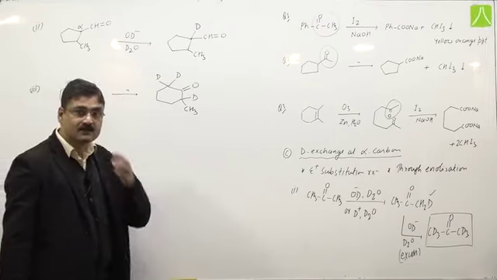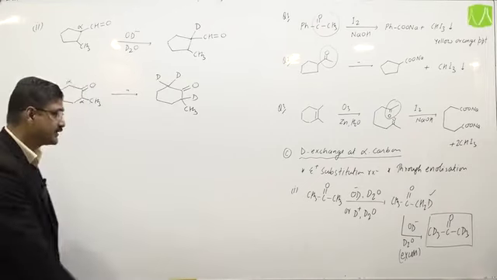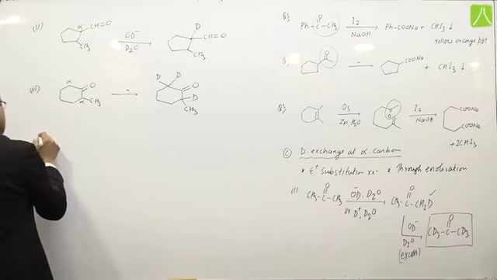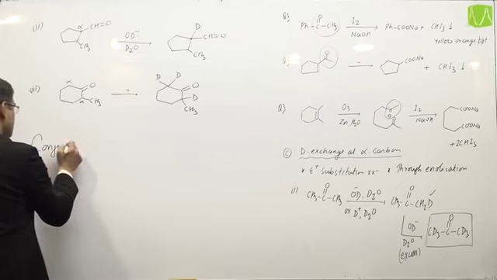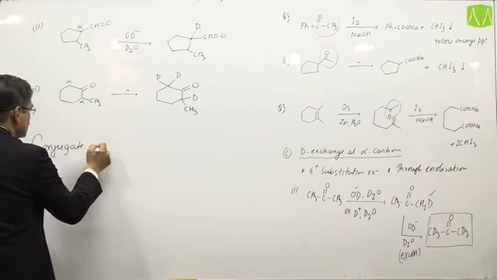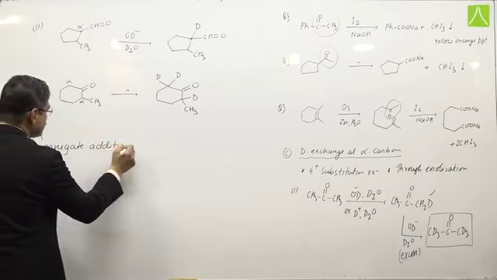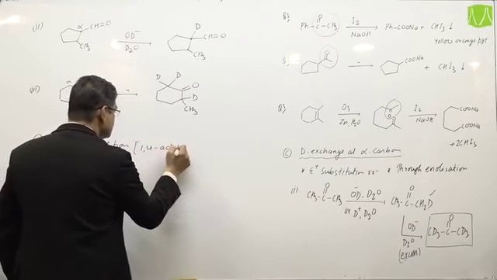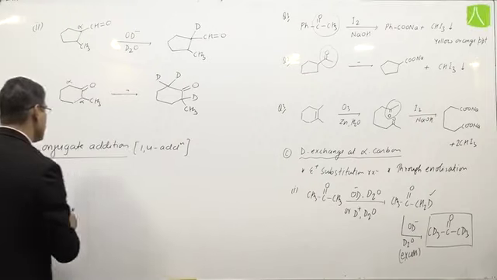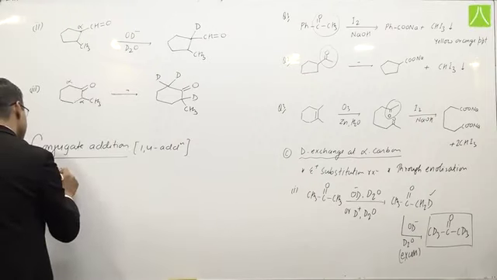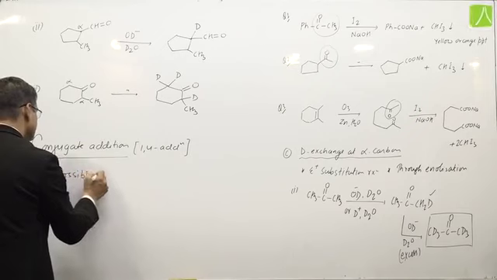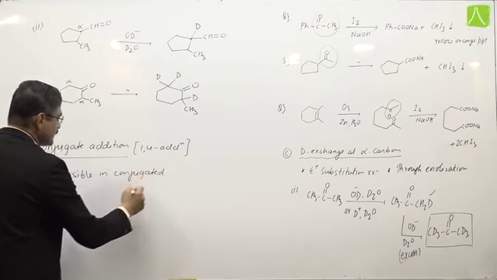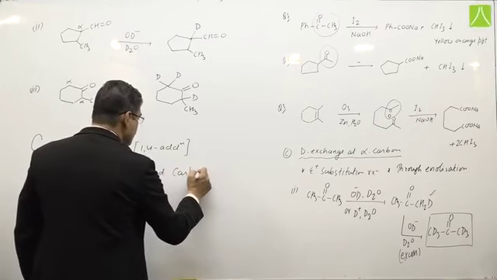Now I start the next reaction, a very important reaction, conjugate addition. So the next title is conjugate addition. It is known as 1,4 addition reaction. So it is possible in a conjugated system, conjugated carbonyl compounds.